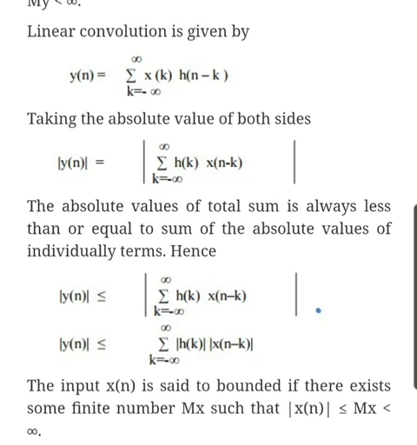The linear convolution is given by the equation y(n) equal to summation k equal to minus infinity to infinity of h(k) x(n minus k). So we take the absolute value on both sides, and the modulus of y(n) is equal to the summation of k goes from minus infinity to infinity h(k) x(n minus k).